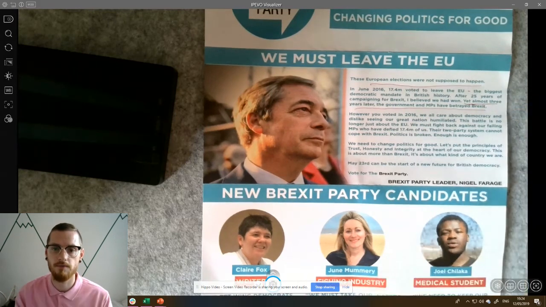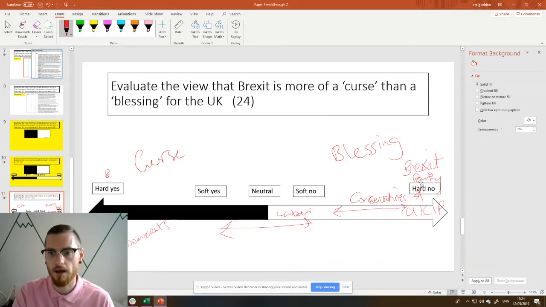So this is me evaluating, okay, on my spectrum, that the Brexit Party would not, it's not just black and white, they're not all together with Conservatives. I'm evaluating and I'm showing significance here, okay, that they are further up that spectrum's arrow.